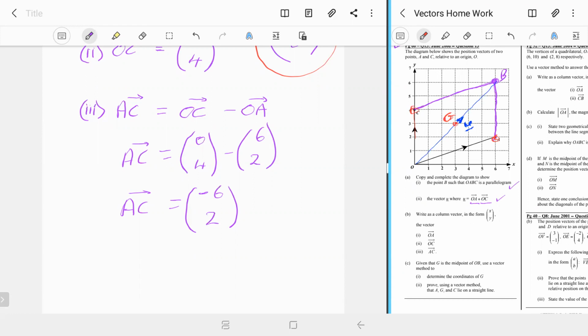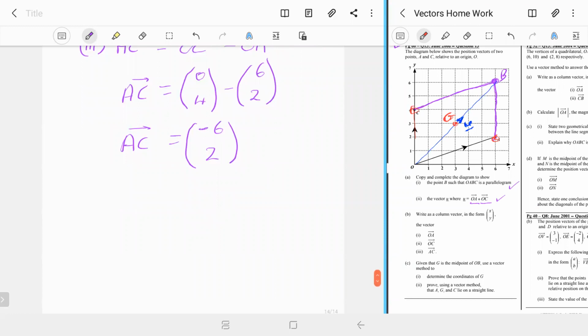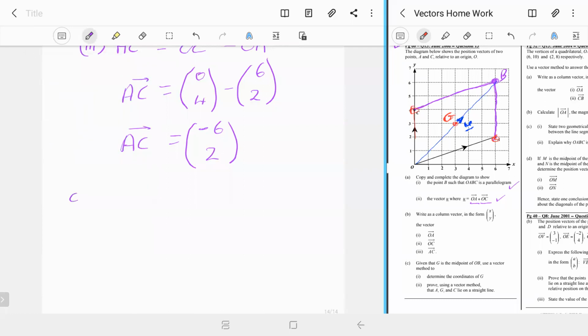Determine the coordinates of G, but we can calculate it. They want the coordinates of G, so we can find OG. Part C: we can say OG is simply half of OB.